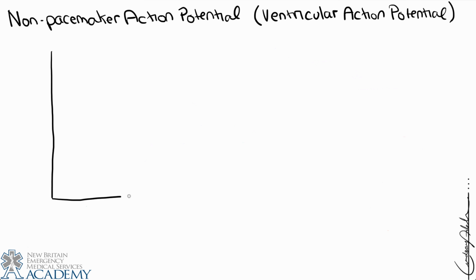So there are going to be some differences among all of the cells that fall under the conducting and contracting categories, and the action potential will look slightly different on the graph. But again, the phases are the same. The points that they have to reach are the same, and there'll be enough similarities that this one model will be adequate to consider all of the action potentials.